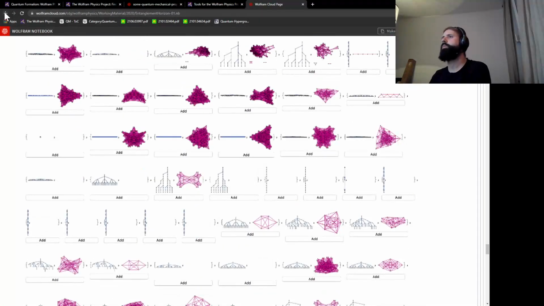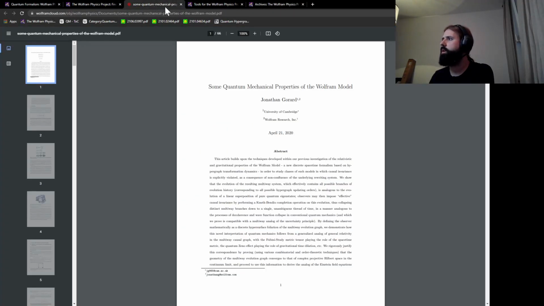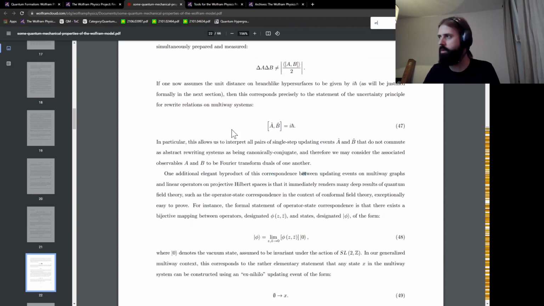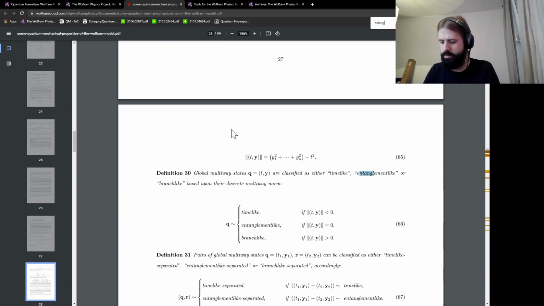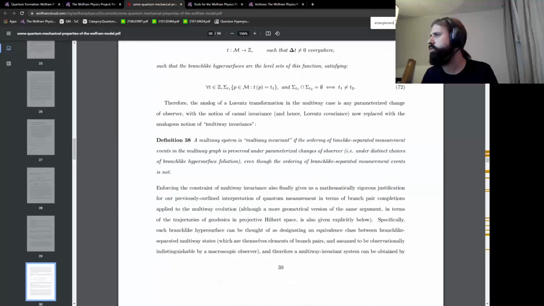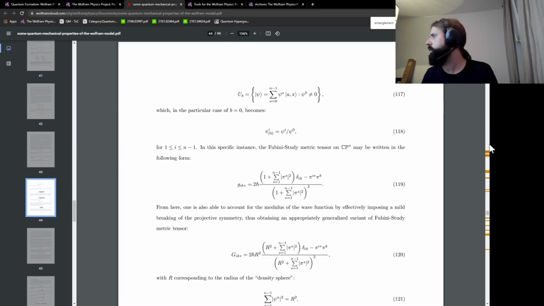These notebooks are cool, but they just lack a lot of context. So, definitions, definitions, definitions, definitions.